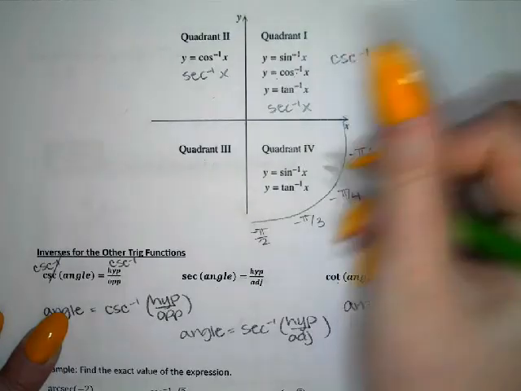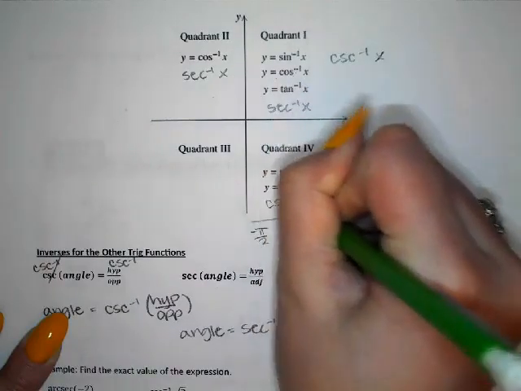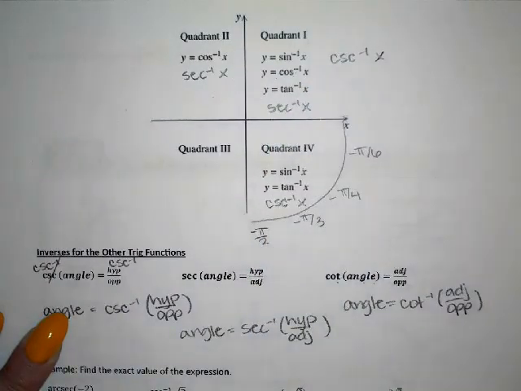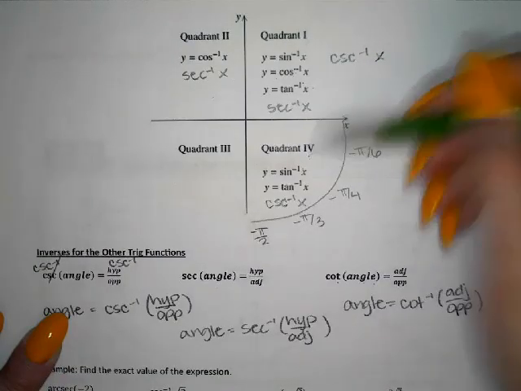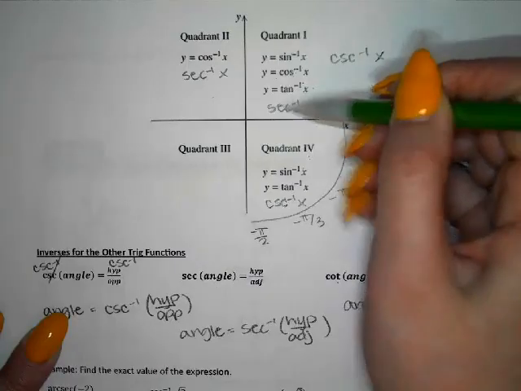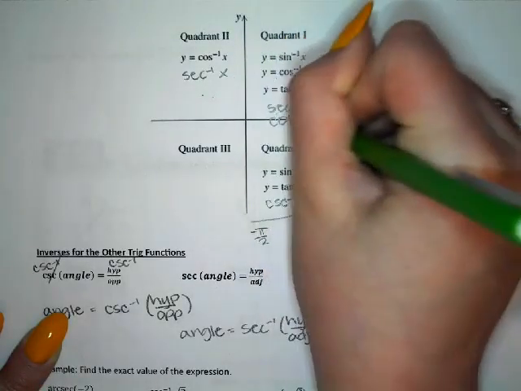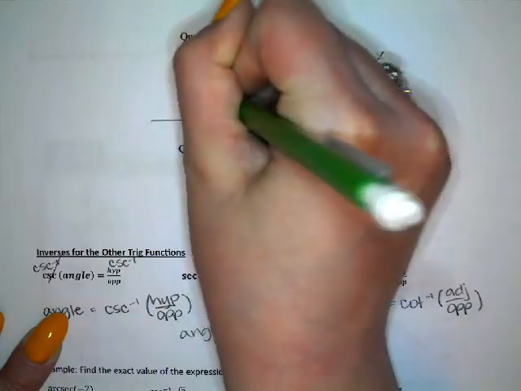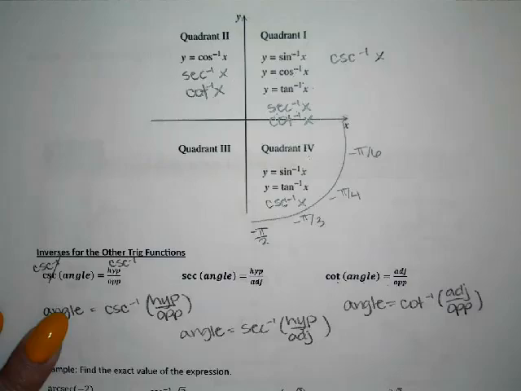The one that is not as intuitive is that cotangent does not use 1 and 4 as the reciprocal of tangent. It actually comes from quadrants 1 and 2 if we use cotangent inverse. So for any of those three, if you want to see why they work in those quadrants, feel free to shoot me an email or ask me after class and we can talk about it.